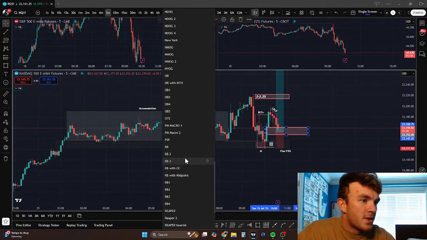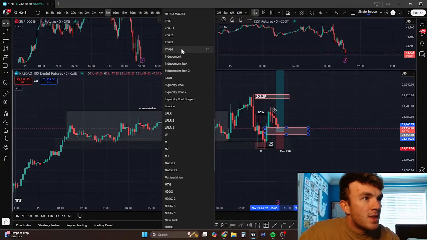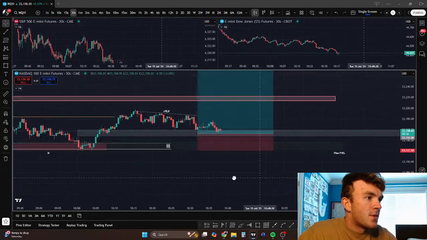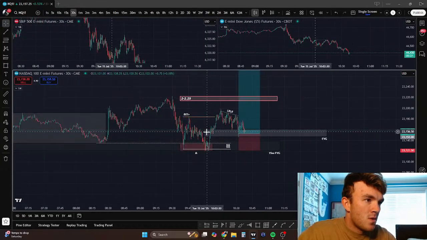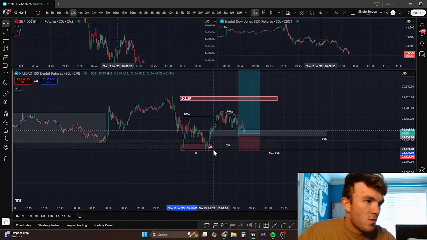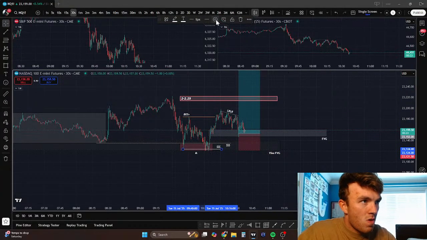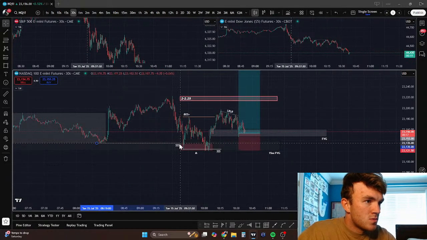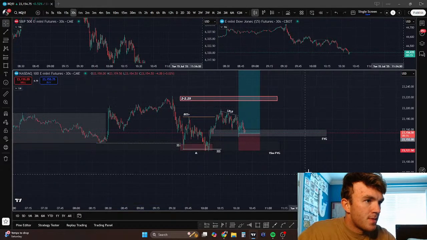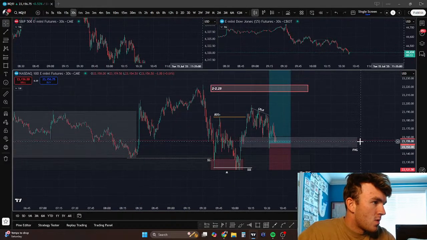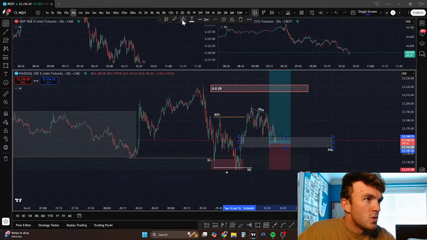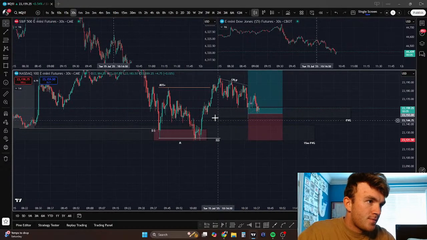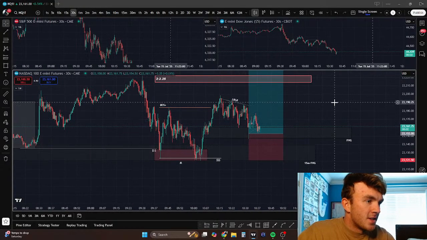So now that we have this 5 minute gap in discount, what I'm looking for is, I want to see a change of state delivery off of this gap.